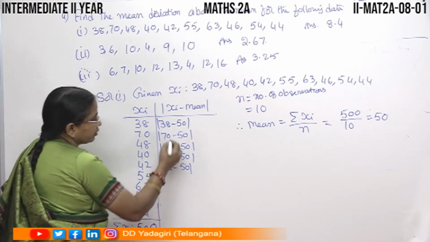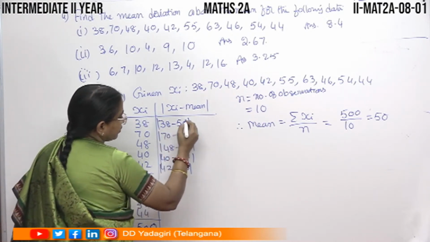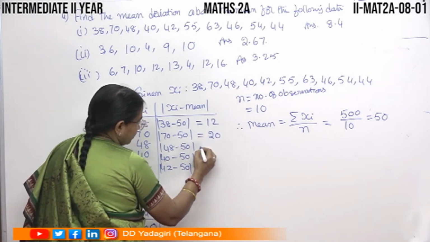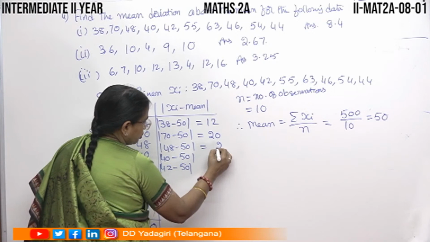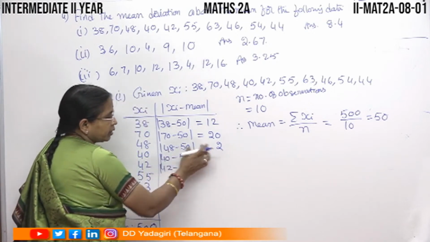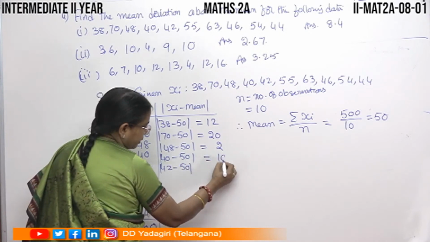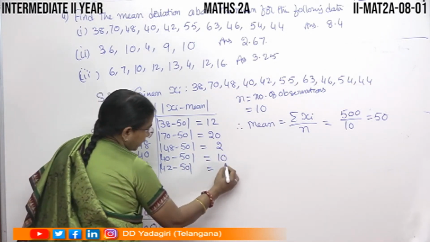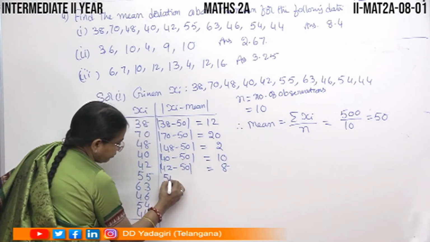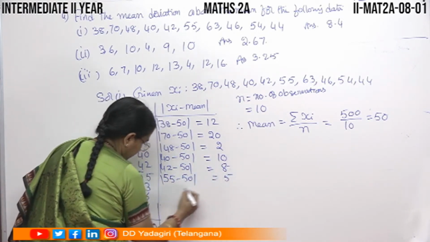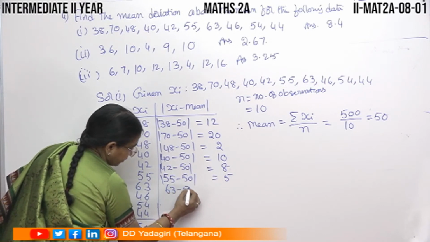So this is 12, this is 20, this is 2. Even if it is negative, you should write the positive value, the absolute value. So this is minus 10, but you should write 10. This is 8. And here 55 minus 50 is 5, and then 63 minus 50.